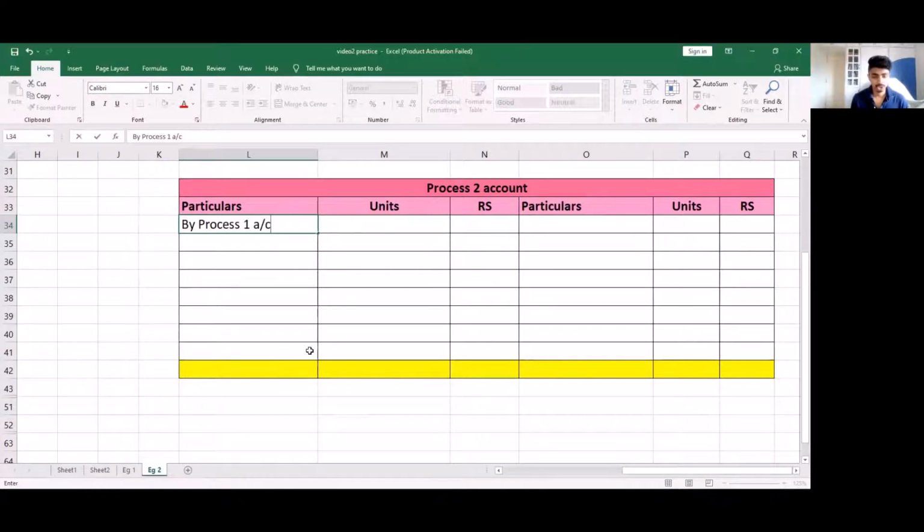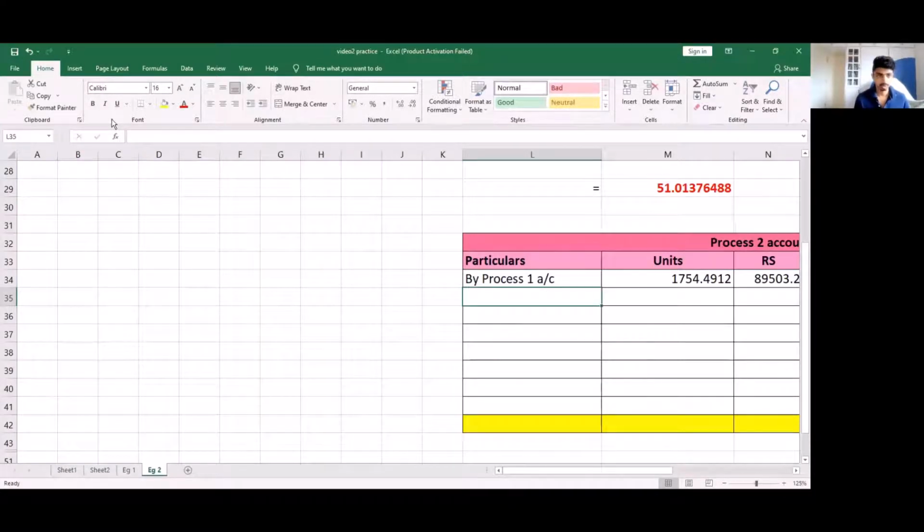And in this question, materials introduced here also have number of units. So in process 2, 320 tons of materials at 64 per ton. So over here, we will have materials.